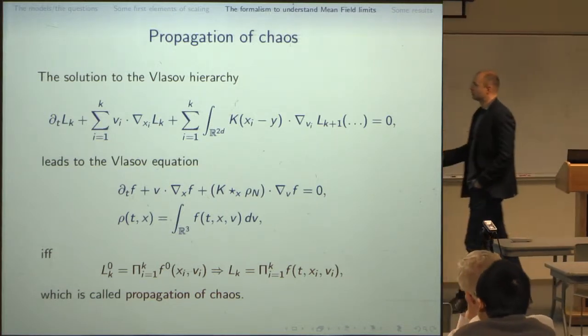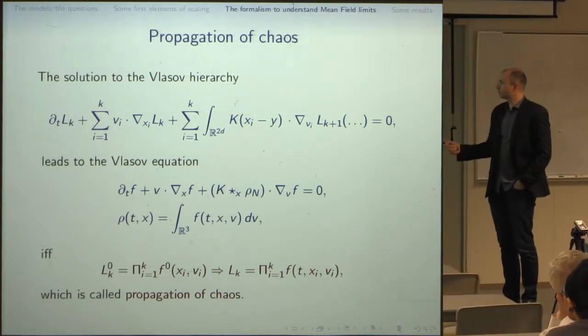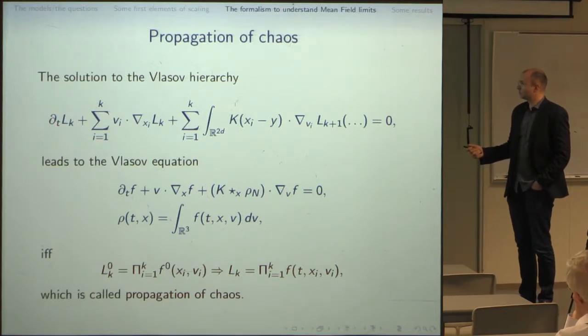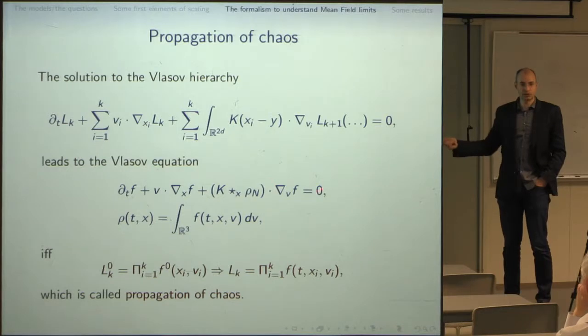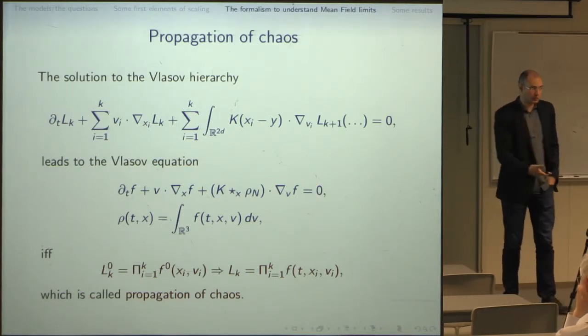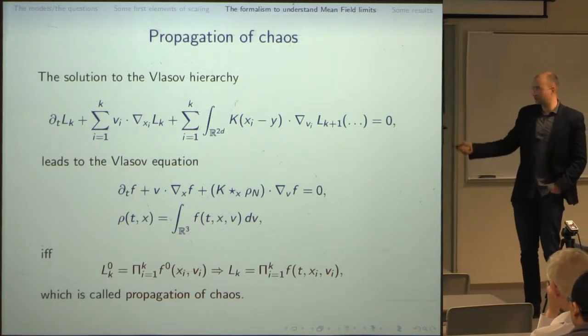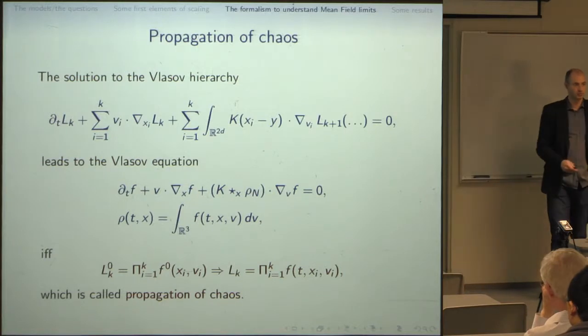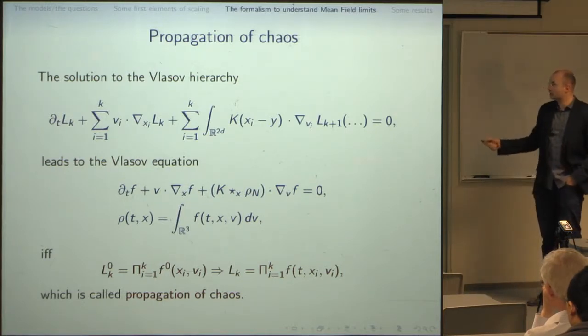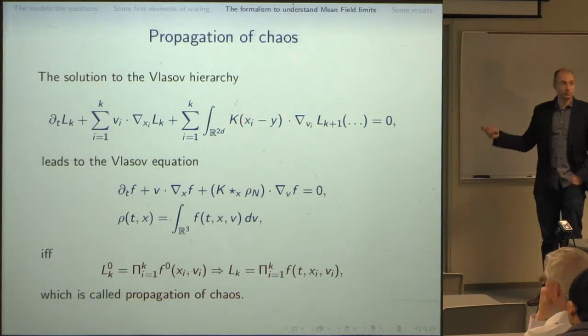Now, let me go to the key concept. So we had a nice candidate, right? This was the Vlasov equation. And this was our candidate for a limit. So now I'm going to ask, where does this guy fit into this infinite number of equations? Well, I have this hierarchy, hopefully, at the limit. What's the relation between the two?